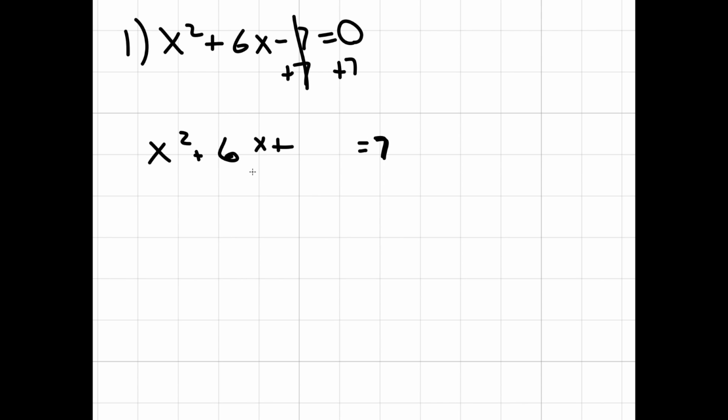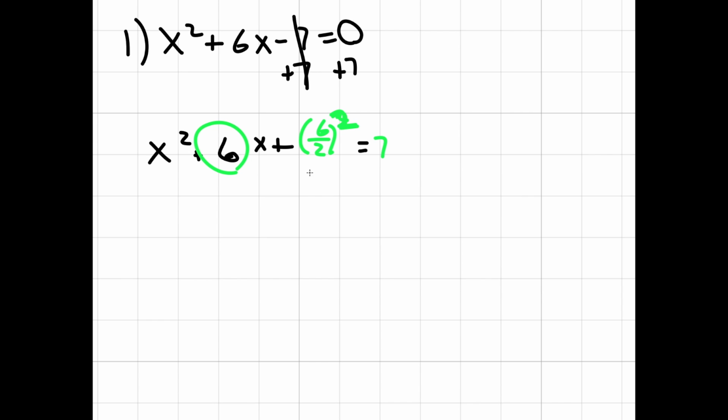Now we're going to add something. How do you figure out what to add? Well, you look at this term right here, and you take that term and divide by 2, and then you square that. That's how you figure out what to put there.